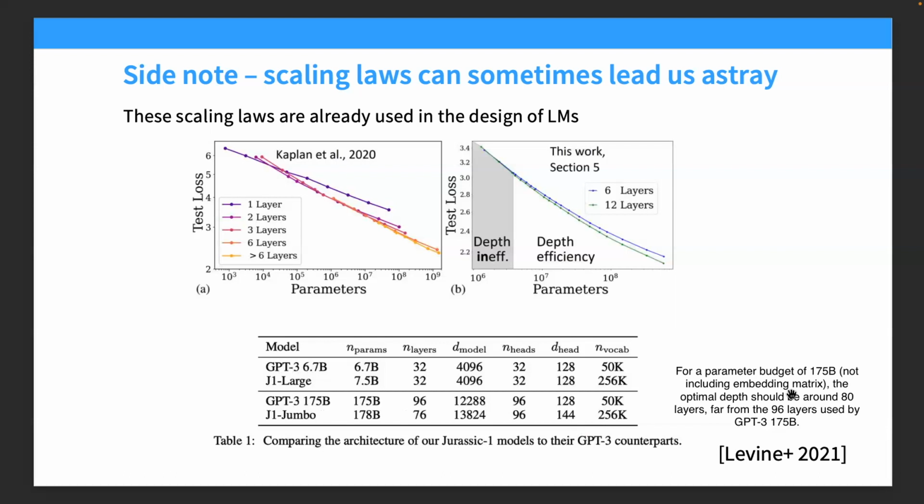Based on this relationship, they identify that for a parameter budget of 175 billion, the optimal depth should be around 80 layers instead of the 96 layers configured in GPT-3. So they build a counterpart model for GPT-3 with around 76 layers in the transformer, keep the model size relatively close, and then they see a boost in test performance.